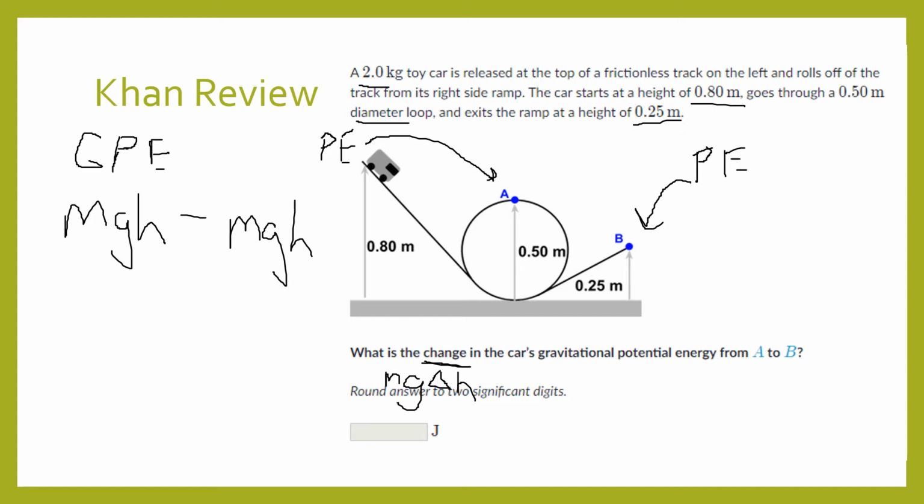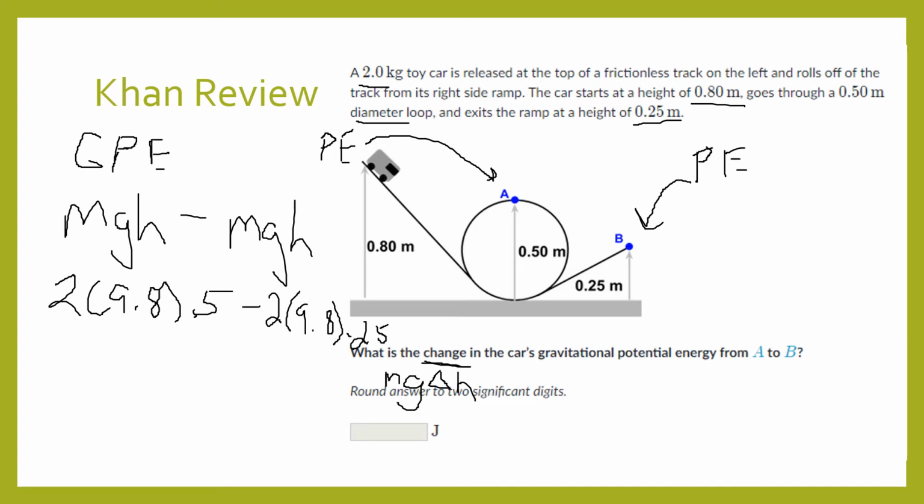So what would that be? This would be 2, 9.8, the height was 0.5, minus 2, 9.8, and the height was 0.25.